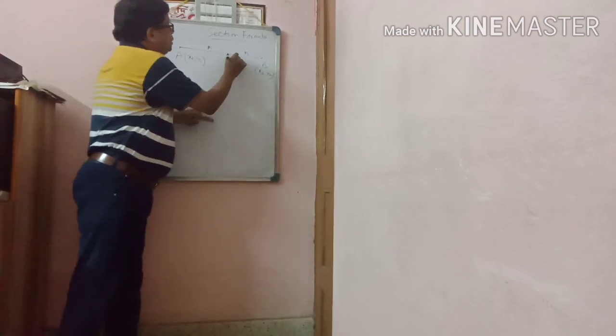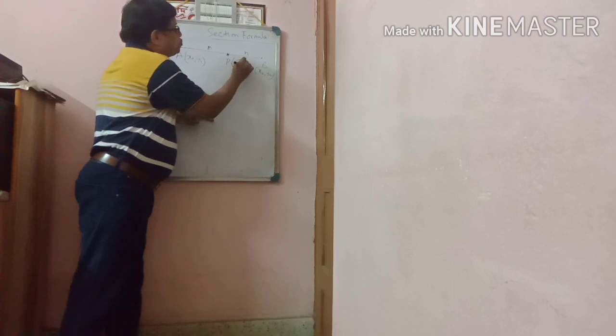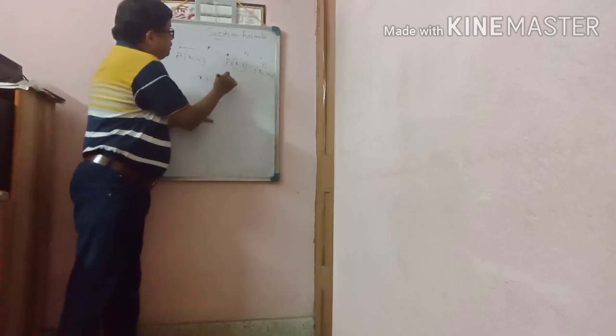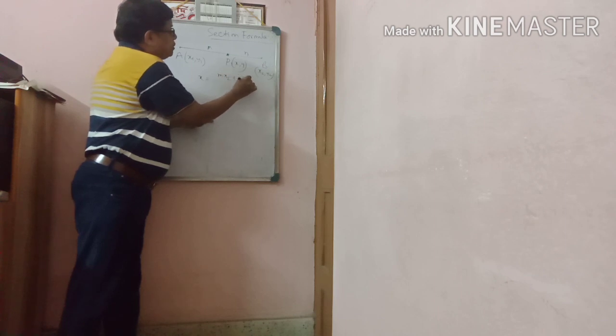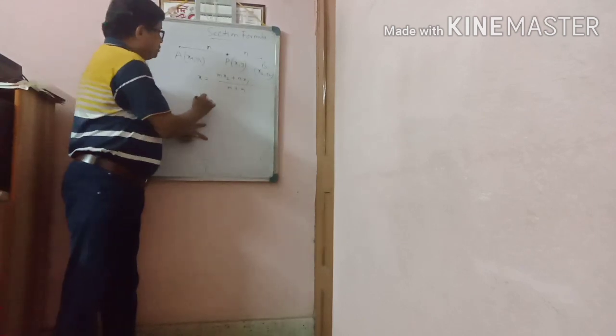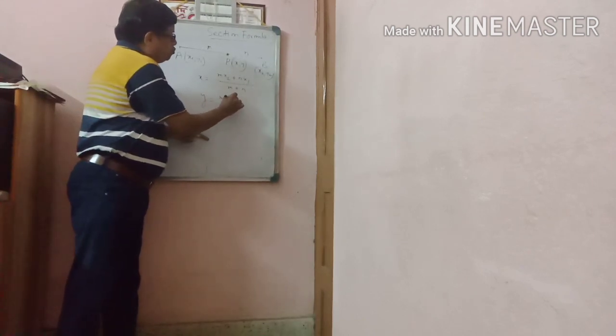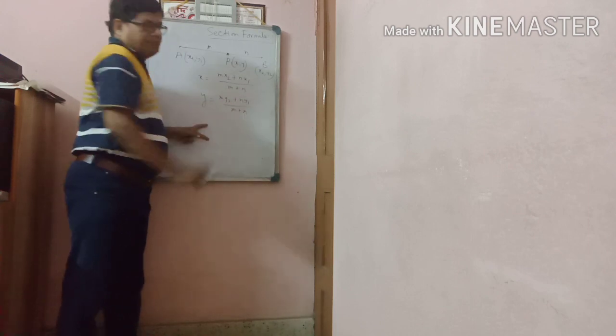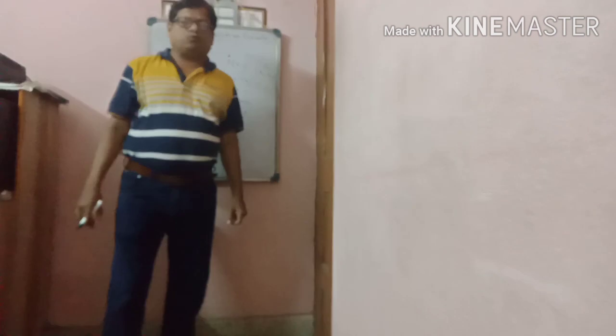Then all of you know the coordinate of P. So x equal to mx2 plus nx1 by m plus n, and y equal to my2 plus ny1 by m plus n. All of you know.